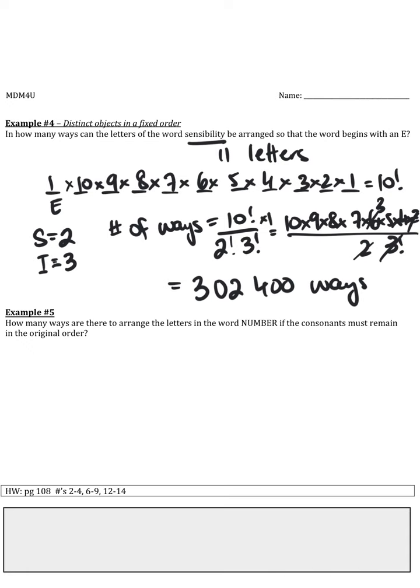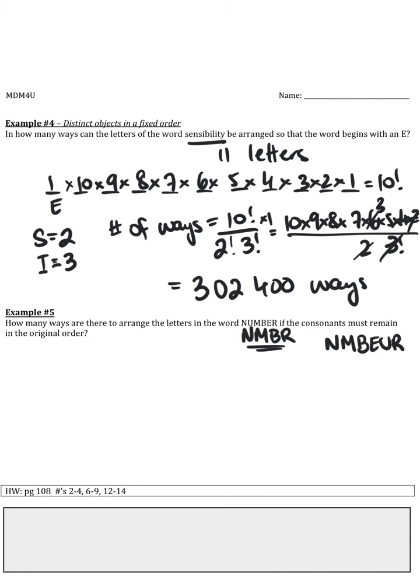Okay, so last example. How many ways are there to arrange the letters in the word number if the consonants must remain in the original order? So you can place the consonants in any position, but you must keep them in the order NMBR. So some possible arrangements can be NMBEUR.